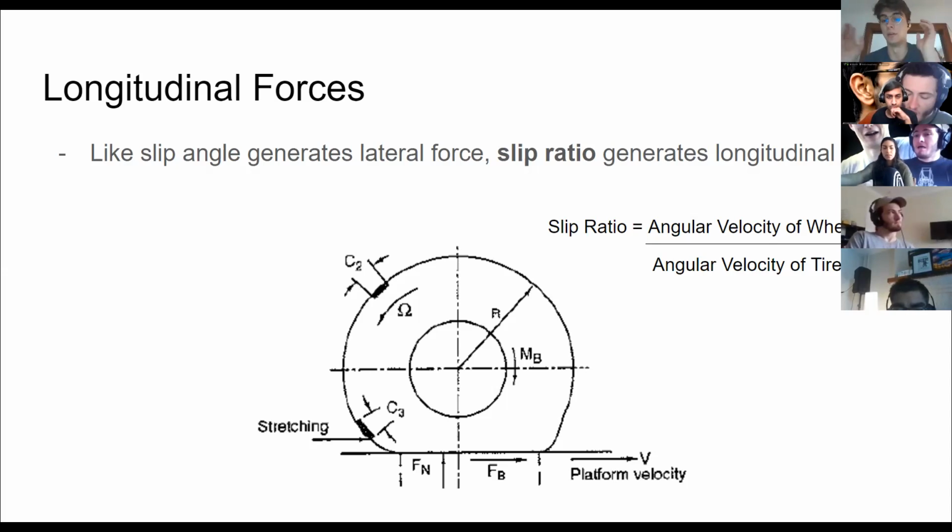The important thing to take away is that when you are driving your wheel, either by cranking it in an acceleration case or cranking it the other direction in a braking case, you're going to cause some deformation in your tire along its circumferential axis, and that is going to cause some forward or backward force. That amount of compression is your slip ratio.